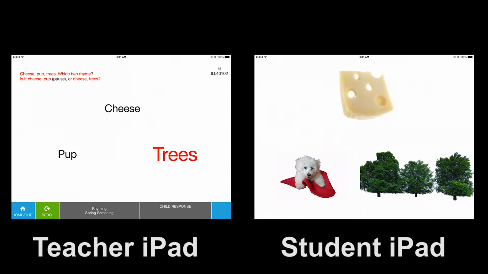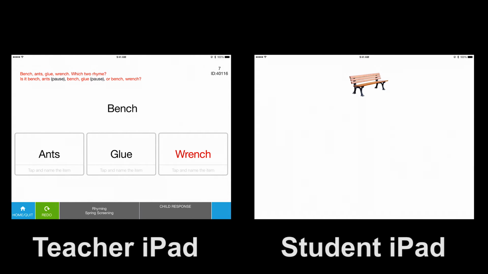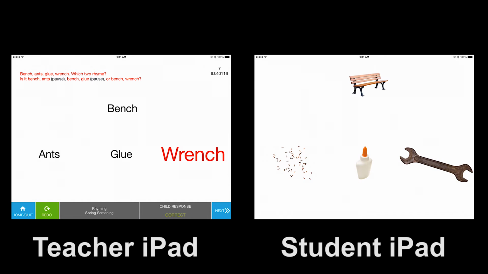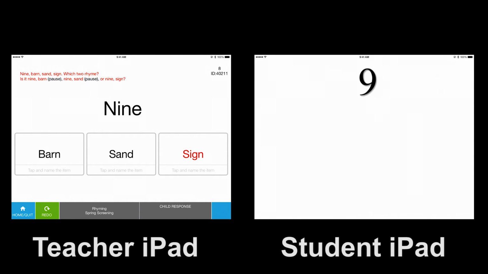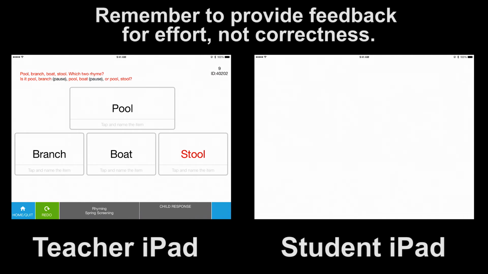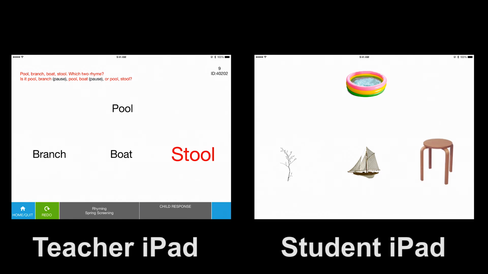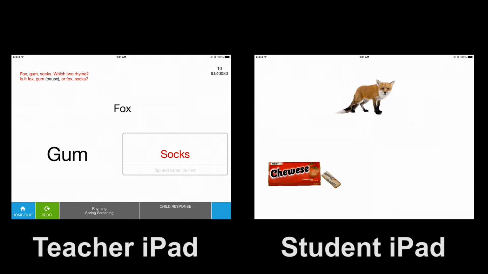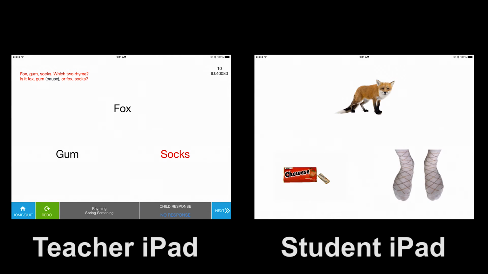Cheese, pup, trees. Bench, ants, glue, wrench. 9, barn, sand, sign. Nice working. Pool, branch, boat, stool. Fox, gum, socks.